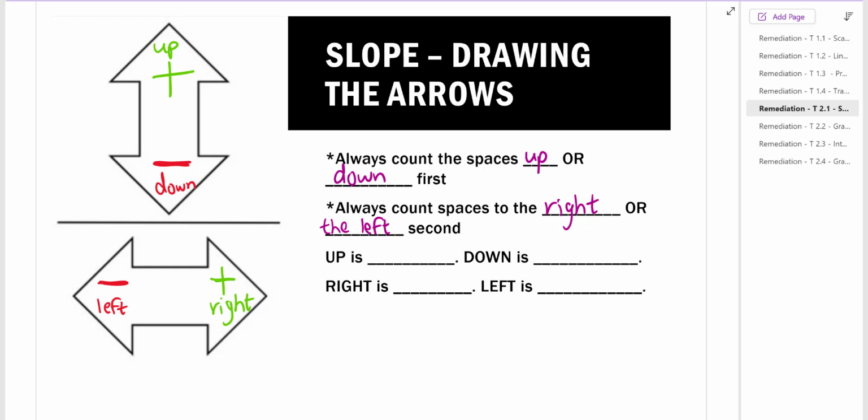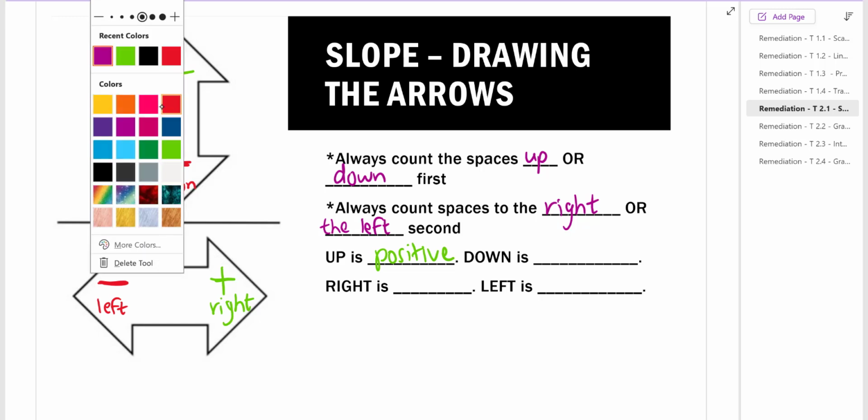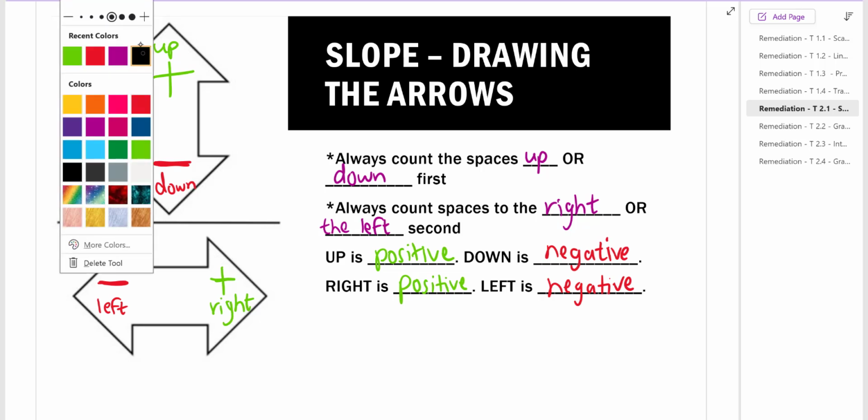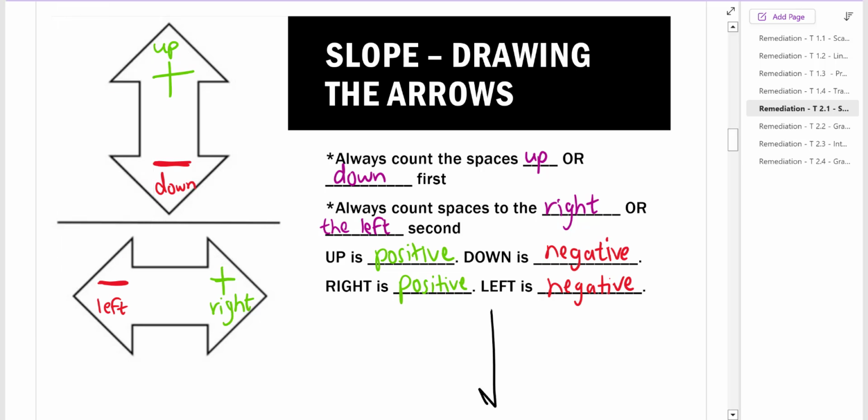Okay, so up is positive, and then down is negative. Right is positive, and left is negative. If you find this difficult to memorize, think about a graph, okay?